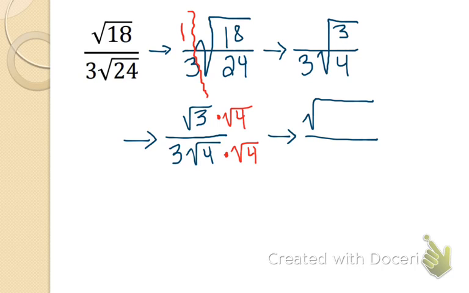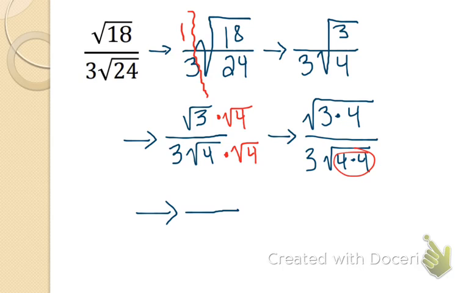As you can see, this is the same pattern of work being done over and over in every problem. 3 outside, square root of 4 times 4. Now again, in the denominator, here's my pair of 4s. So really, the denominator is 3 times the square root of 16, which is 4. So I multiply those two.